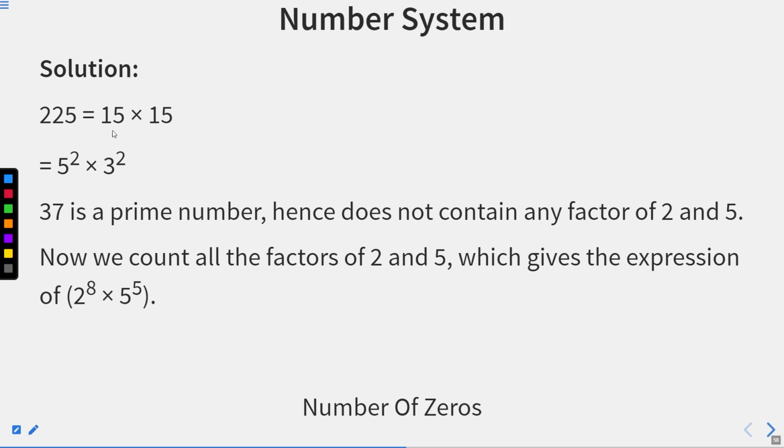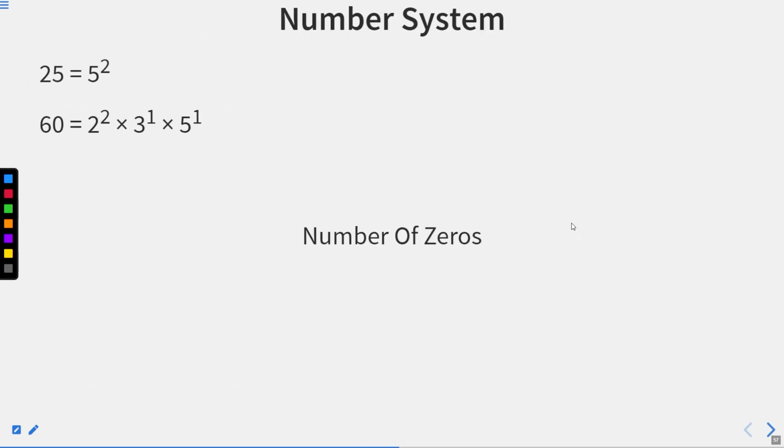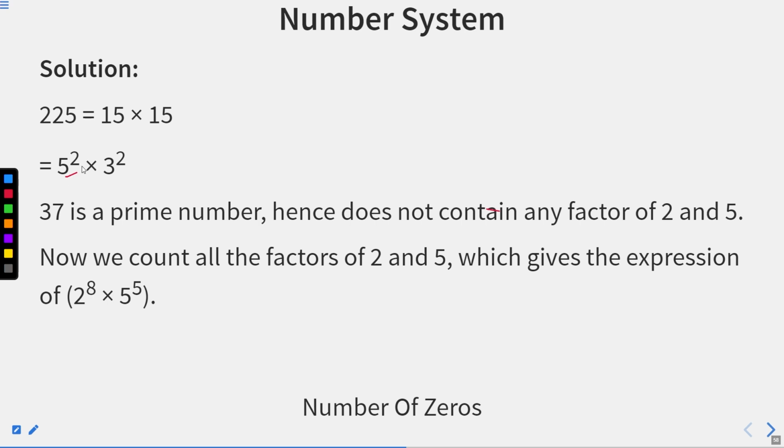For this one we have 5 square into 3 square, and 37 is a prime number, so it does not have any factors of 2 or 5. So now let us first count the fives. We have 2 fives here, 2 fives, 3 fives, and 2 more fives. In total, we have 5 powers of 5.